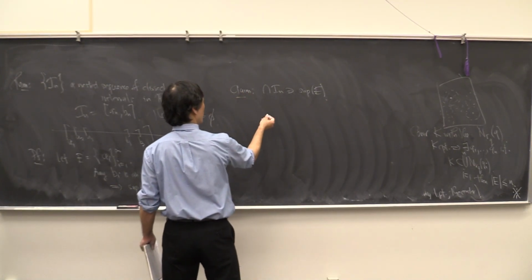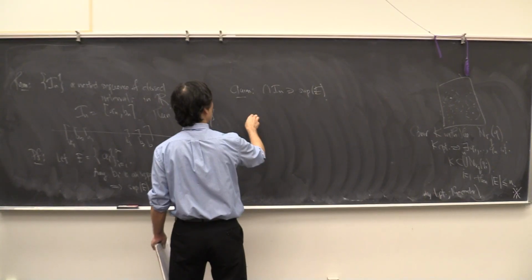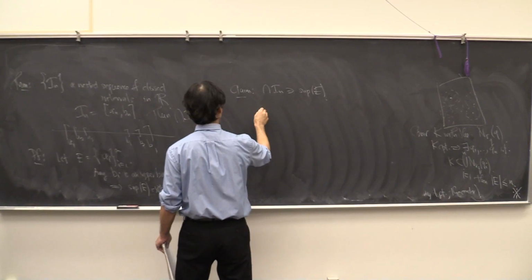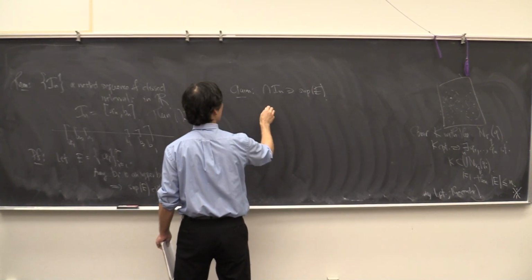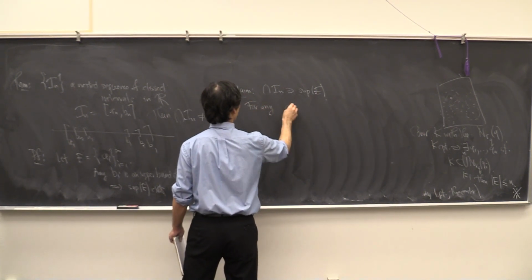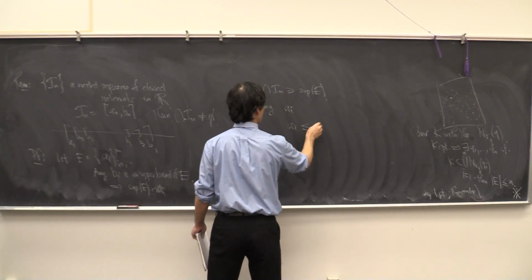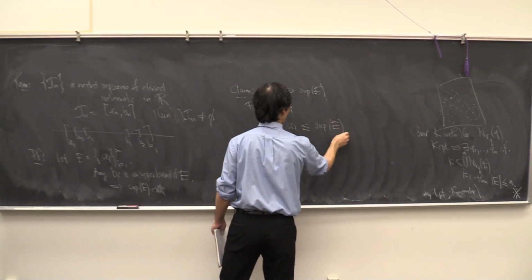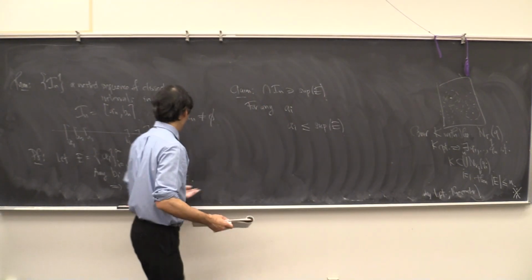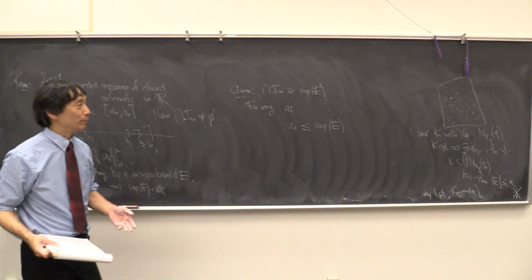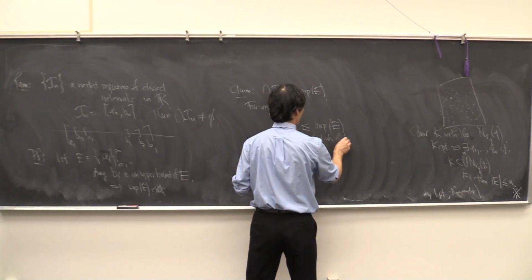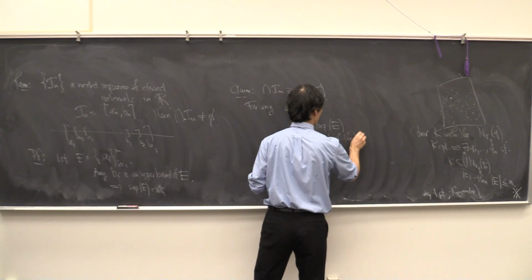The way you see it is that, for any endpoint a_i, a_i is less than or equal to the supremum of E, because it's the least upper bound of the left endpoints, so it's greater than or equal to all of them.